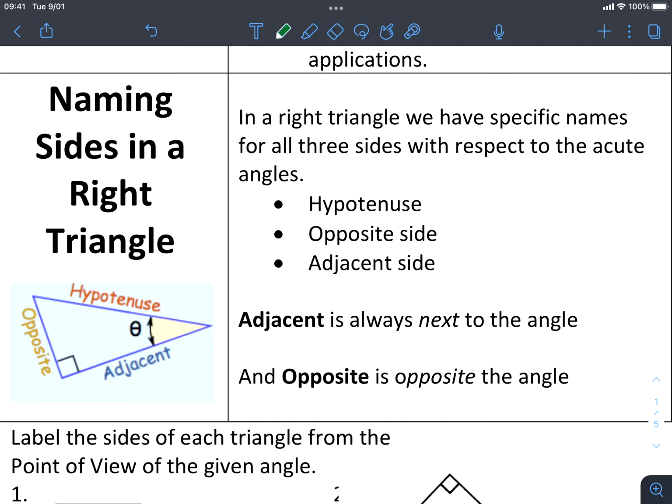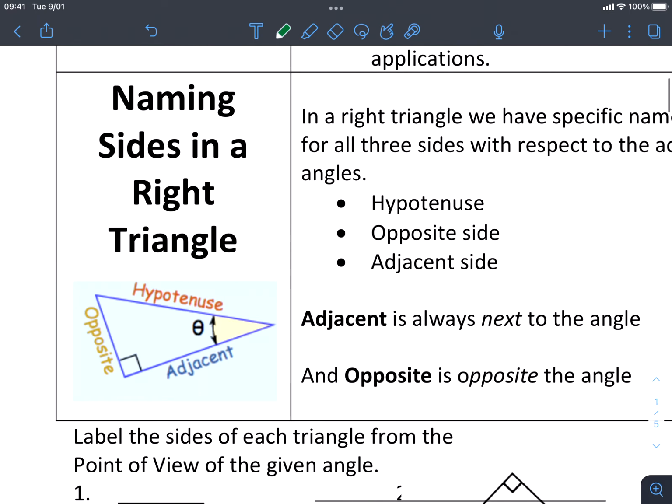One thing that's cool is that the hypotenuse doesn't change. That's always the diagonal. Now, this theta here, this angle that we're referring to, our sides depend on which angle we're referring to.